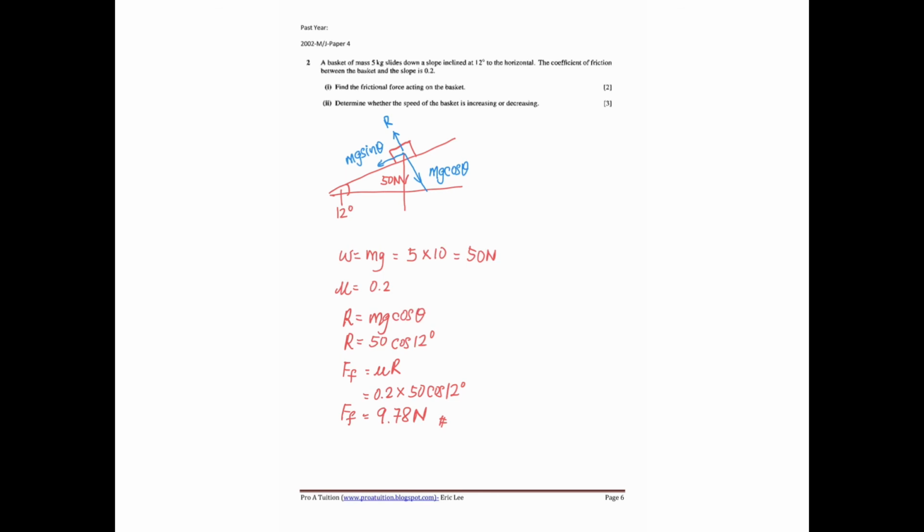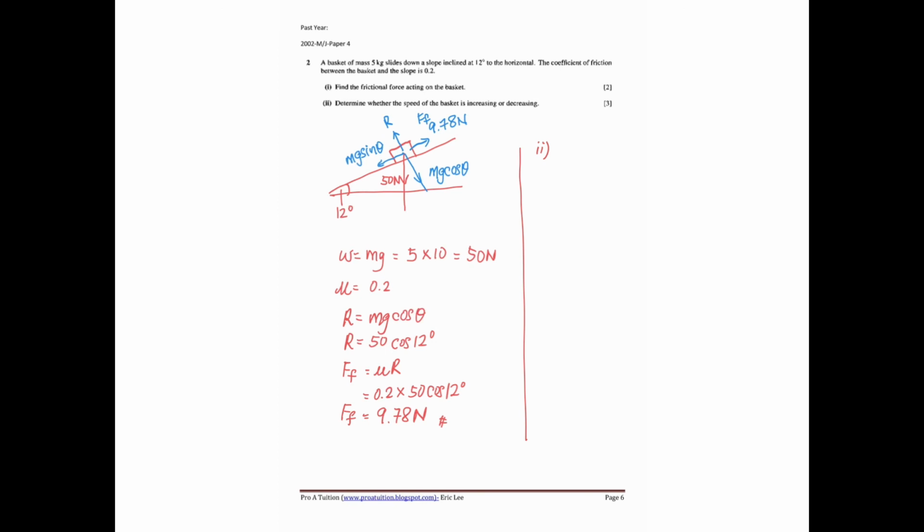The frictional force acts opposing the motion, which is here. 9.78 Newton is the frictional force. For the component forces along the plane, we can use Newton's second law, or without it, just looking at the components is enough already.